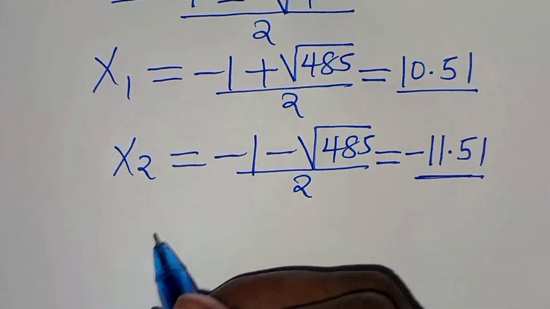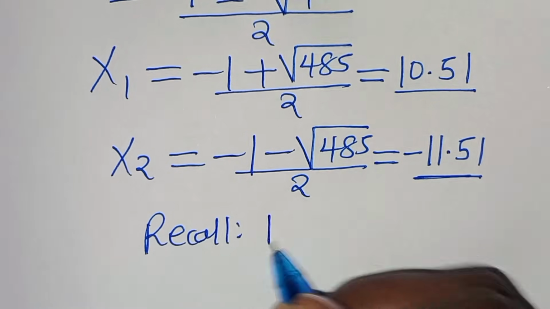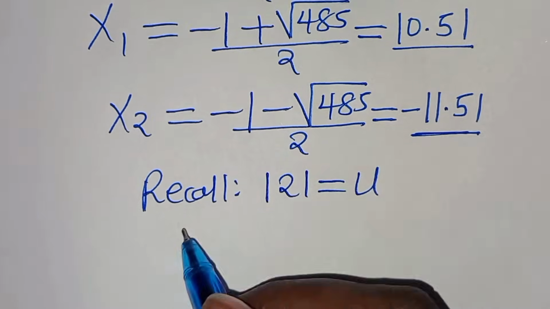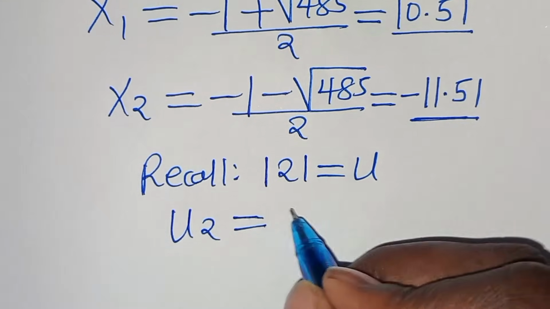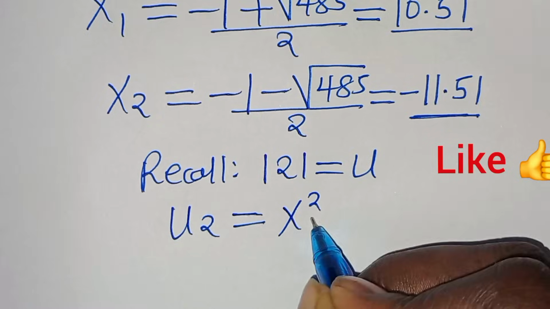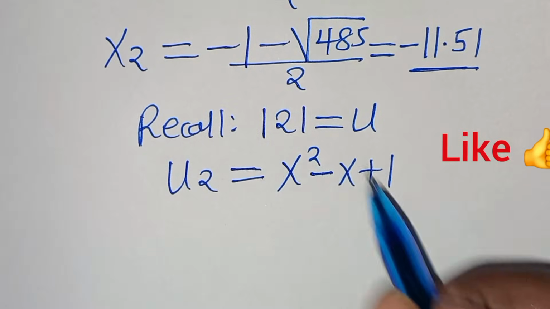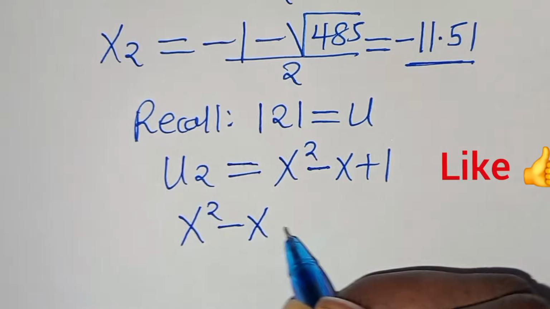Now, again, if you recall, we have that 121, this is equal to u. Now, given that u is equal to x squared minus x plus 1, let's substitute 121 so that we have x squared minus x plus 1.